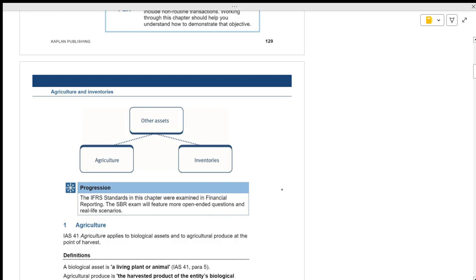Make it a point: IAS 41 talks about agriculture, and IAS 2 talks about the inventory as such.